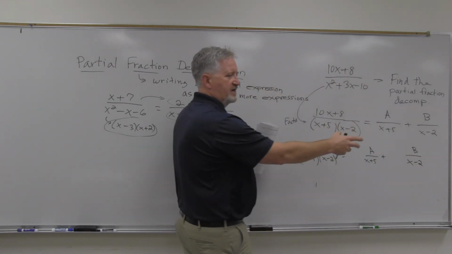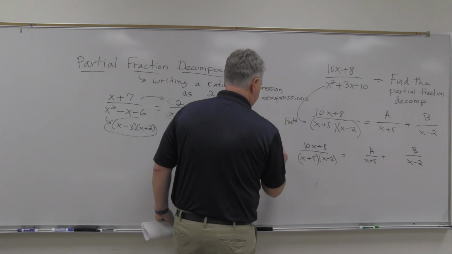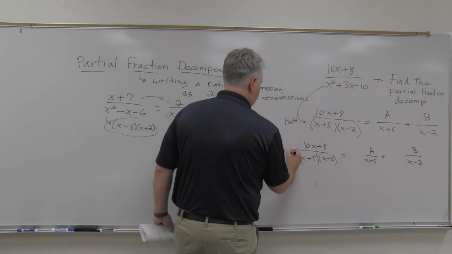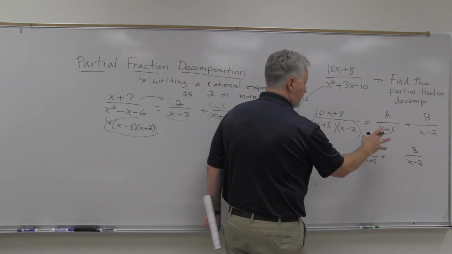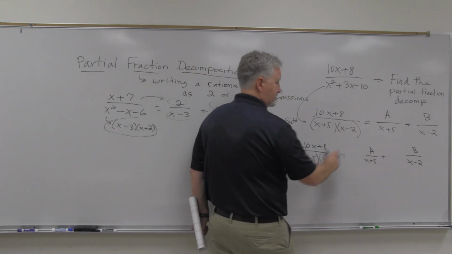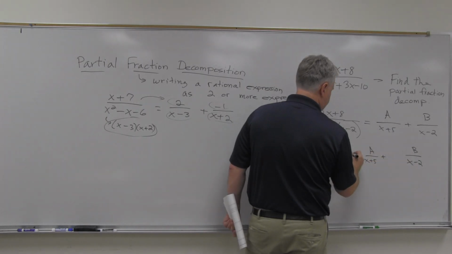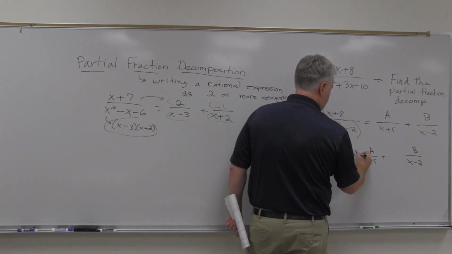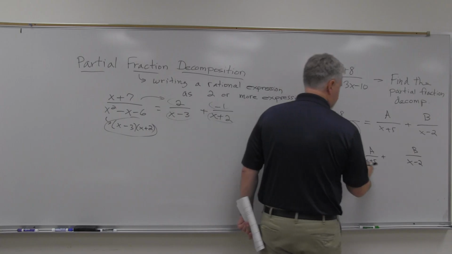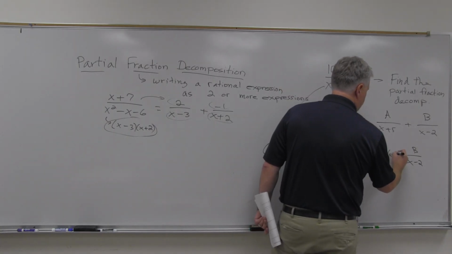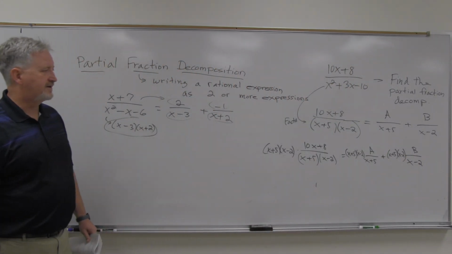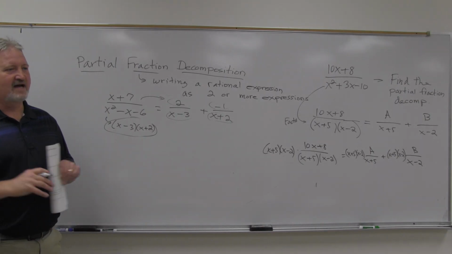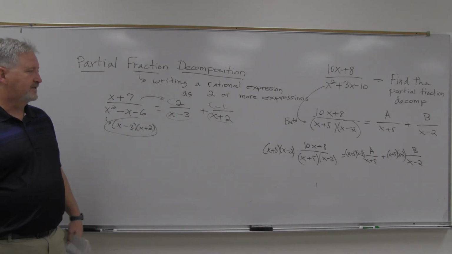I'm going to multiply both sides by x plus 5, x minus 2: multiply the left side, multiply the right side. When I multiply the right side by x plus 5, x minus 2, it gets multiplied by both of those: x plus 5 times x minus 2 times that one, and x plus 5 times x minus 2 times this one. I've done something legal mathematically to both sides.